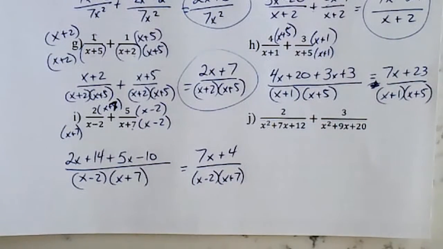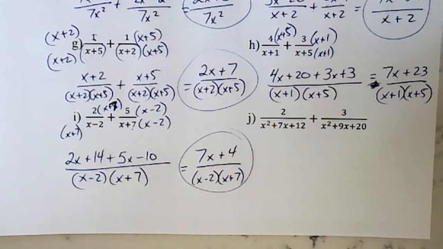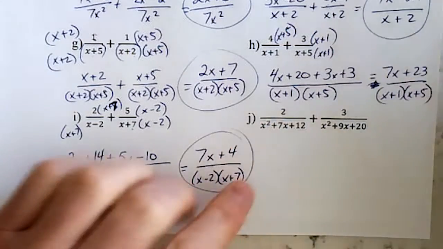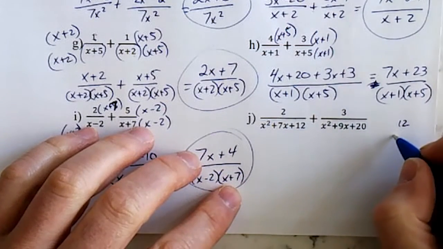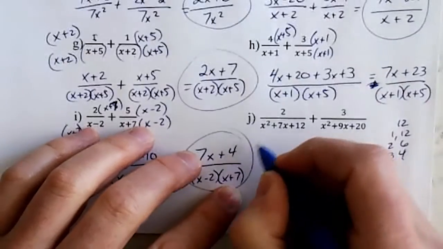So up until now, we have not had to do any factoring on the bottom. Here's an example of factoring. So I need to look at this one, 12: 3 and 4, add to 7, multiply to 12.